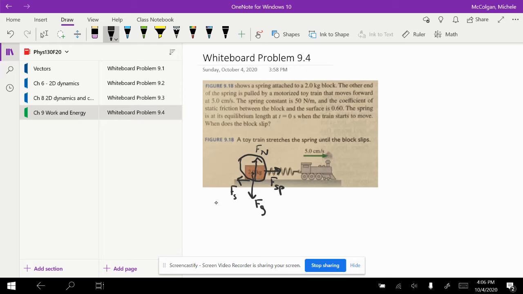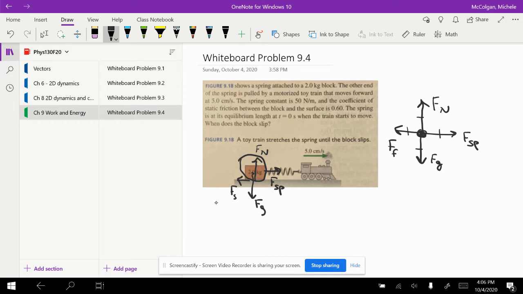In our free body diagram, the normal force balances the force of gravity, so these two are equal. And the force of the spring is equal to the force of static friction until right before the block starts to move.